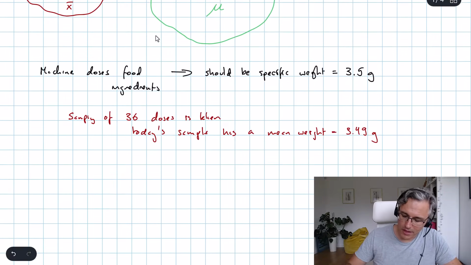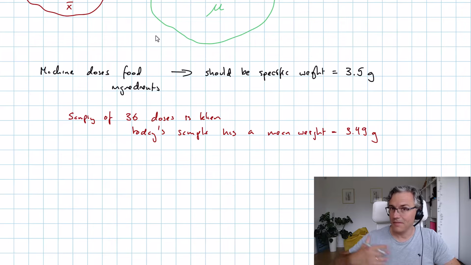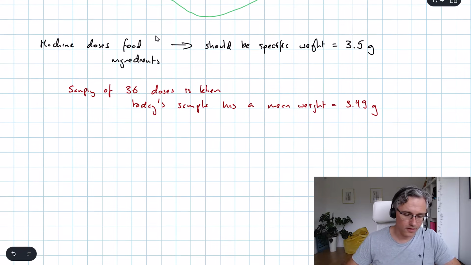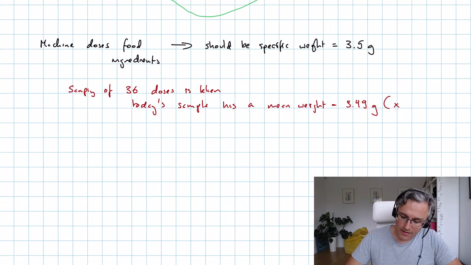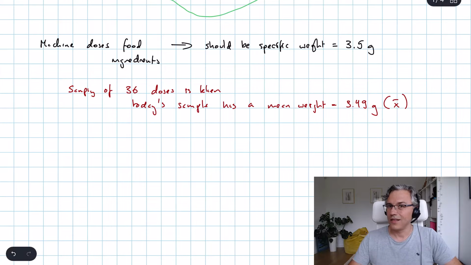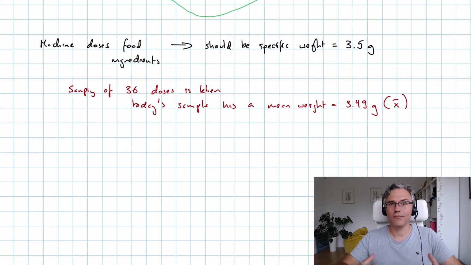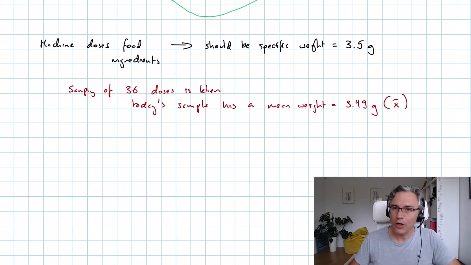The fact that we measured 3.49 as the mean weight of those 36 samples, that's going to be our X bar. And we want to ask ourselves the question, well, what does that tell us about the true population mean? What's the mean of everything that we produce, which we are unable to measure due to the sheer quantities involved and the speed at which they roll off the production line?